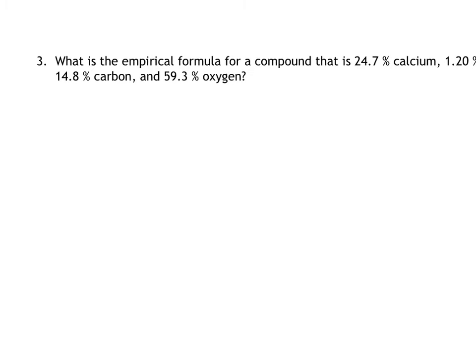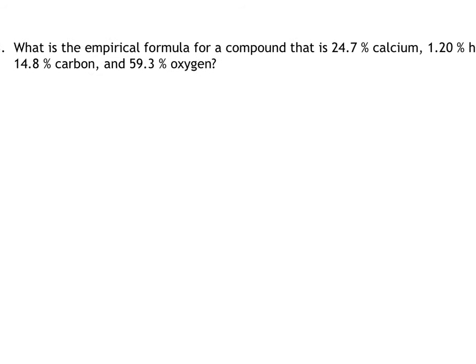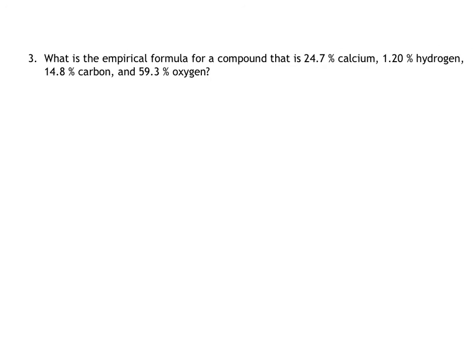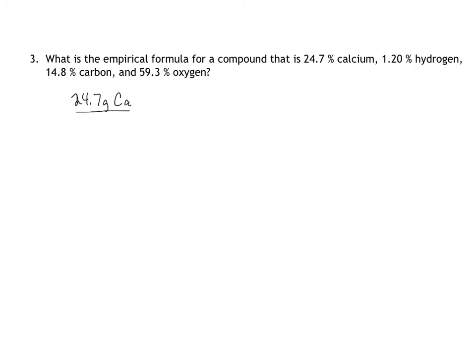Let's try number 3. It asks, what's the empirical formula for a compound, as you can see. The first thing I'm going to do is turn my percents to mass. So I'm going to have 24.7 grams of calcium. I'm going to throw it over 1 just to make things even out a little bit.